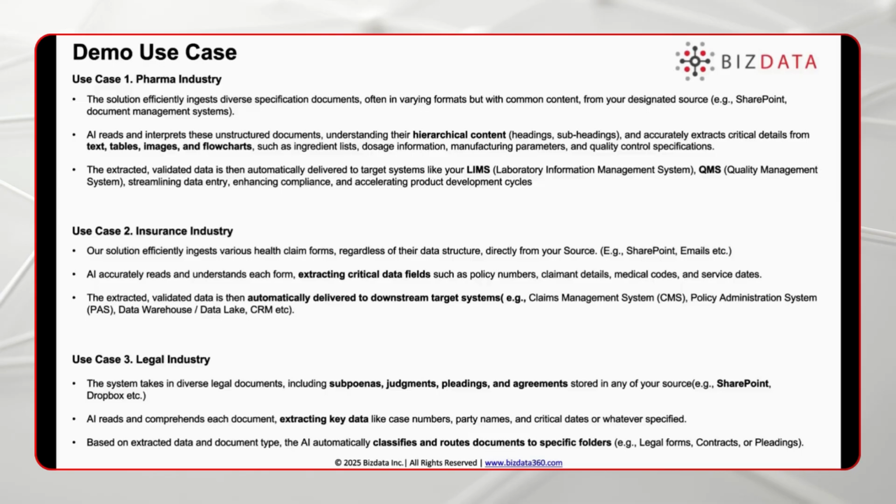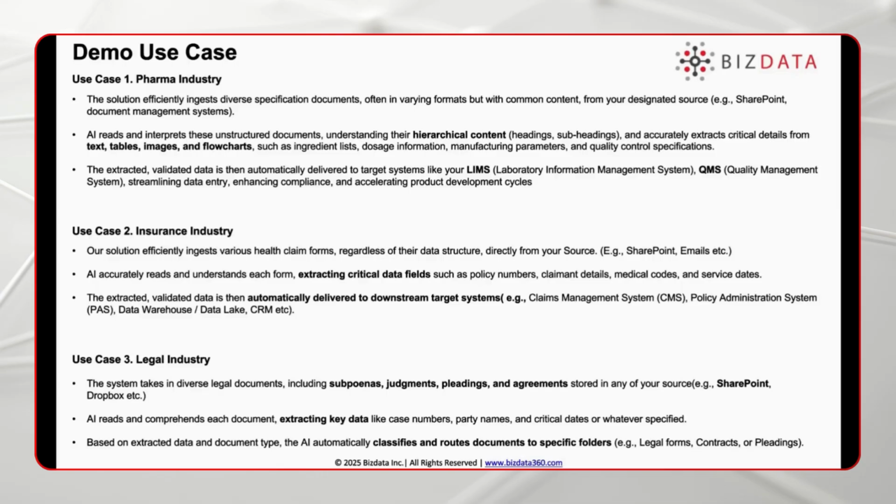We will classify these documents accordingly, and we will send these documents to their respective folders at the target. So what you're going to see in this use case is a bunch of documents lying in a file server. They're all mixed up. We would run this through our AI.